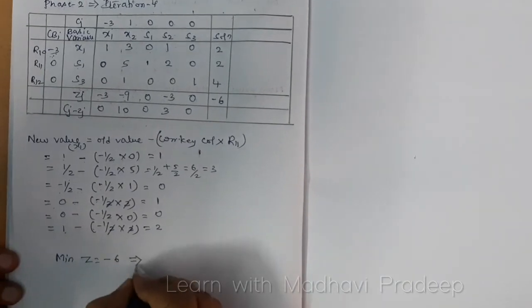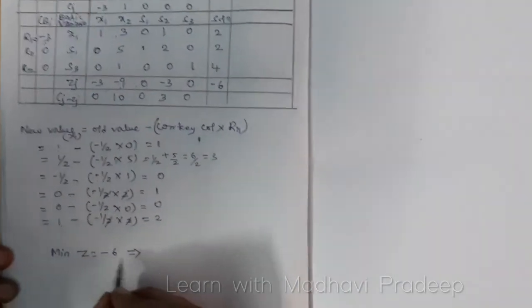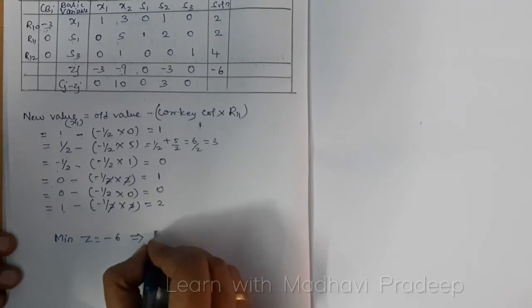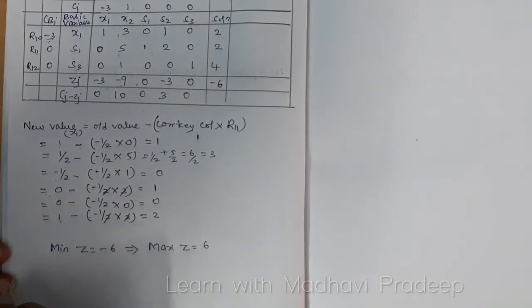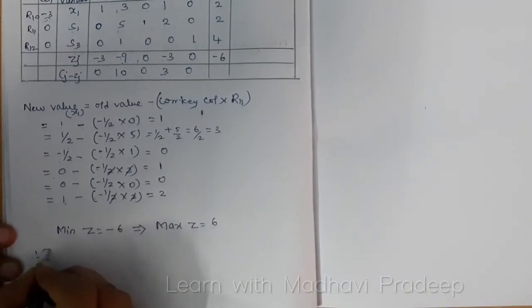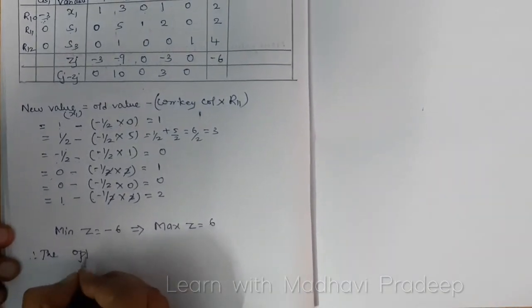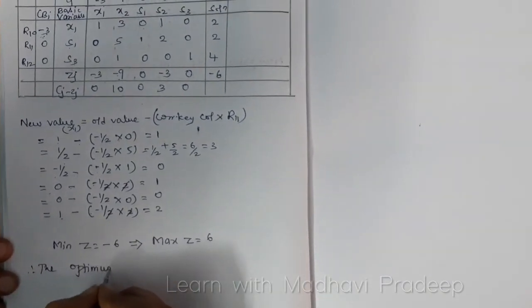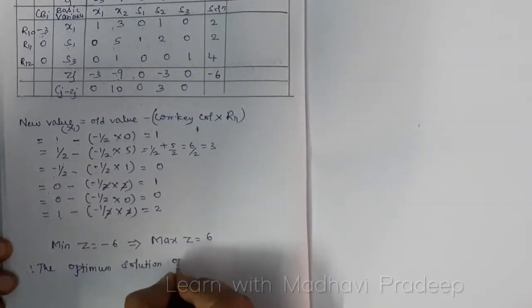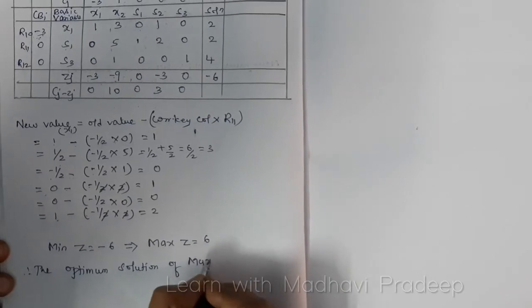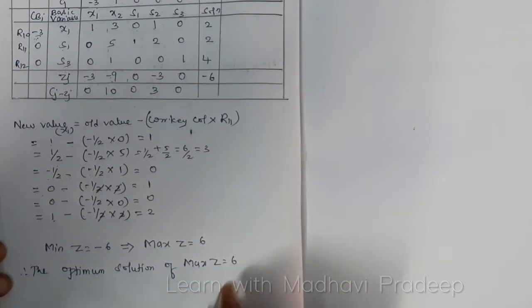Now convert this to maximization. When you convert to maximization, again the sign will change. So max z is equal to 6. This is our optimal solution. Therefore the optimum solution is max z is equal to 6.